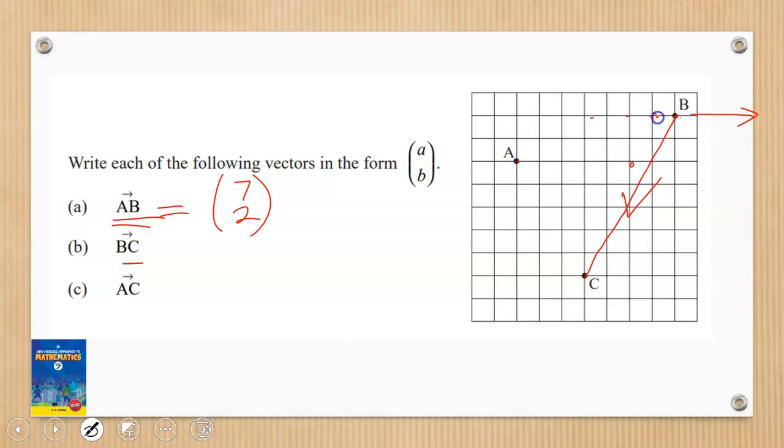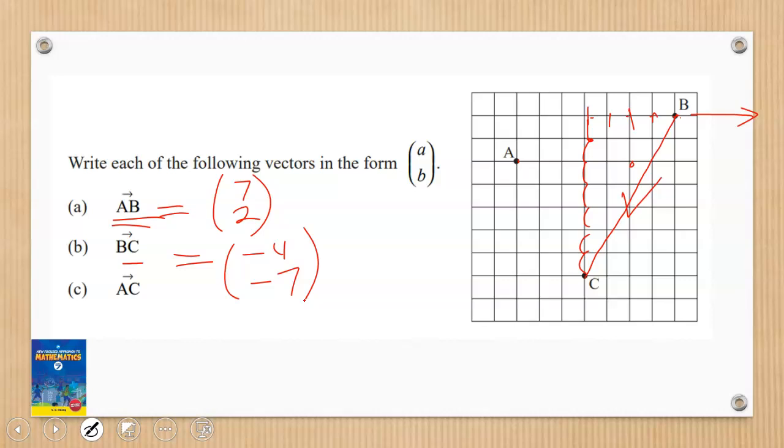So I move backwards 1, 2, 3, 4. That is -4, so I'm going to start with -4. Then I move from there 1, 2, 3, 4, 5, 6, 7, -7 as well. That means (-4, -7) will take me to C from B.